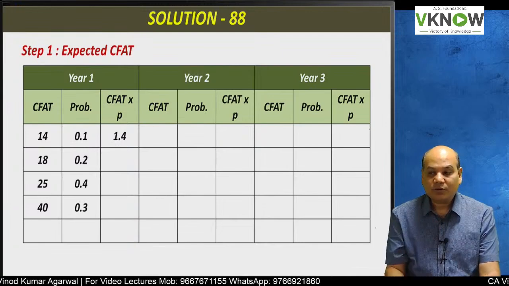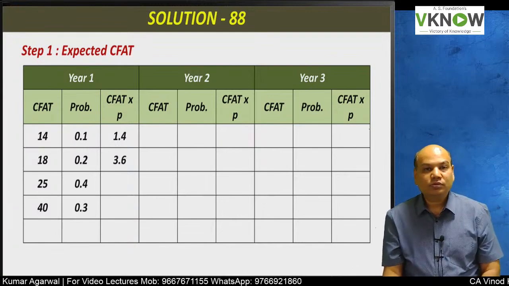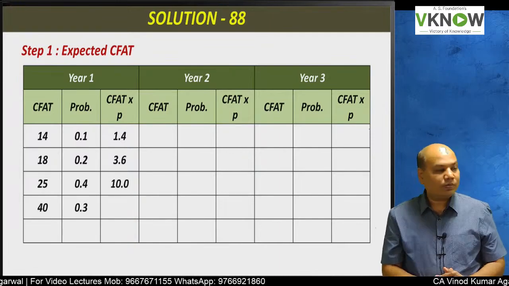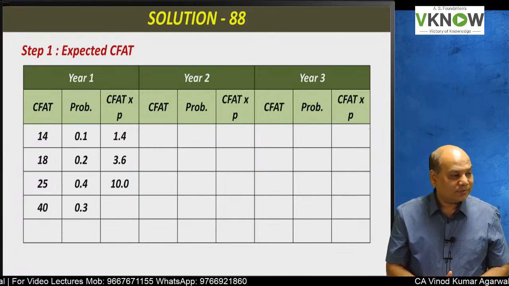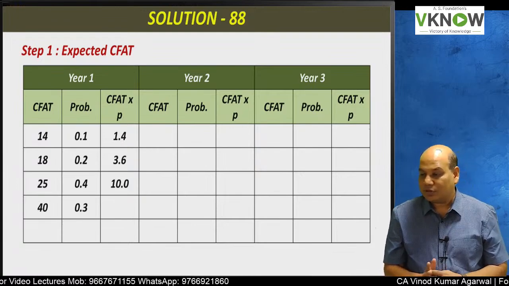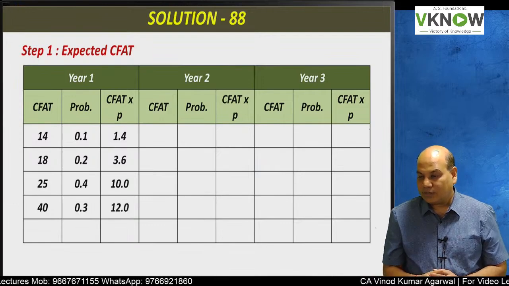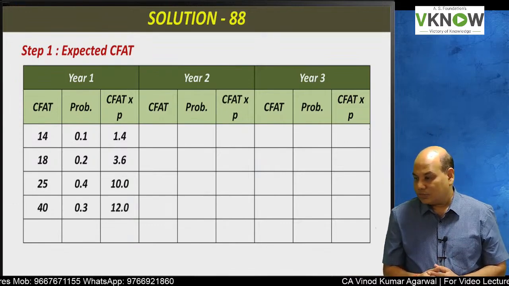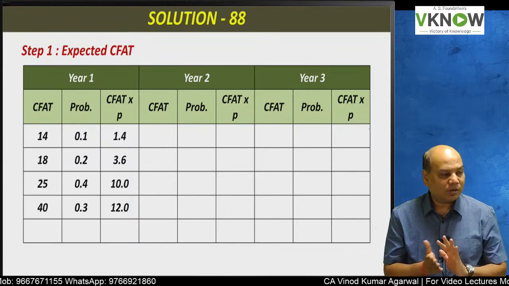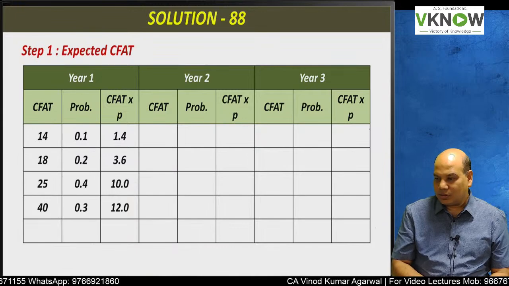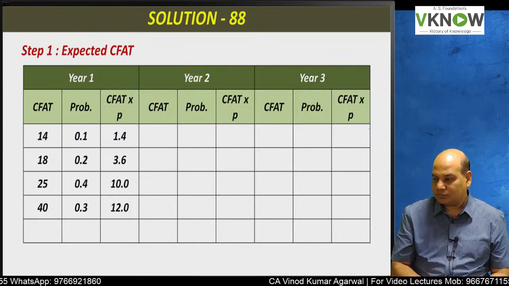First one, is it 1.4? Second, 3.6, check. If it is wrong, please inform me. 10, is it 10? Fourth cash flow after tax, 12. Please give me the total. Come on, total of year 1.